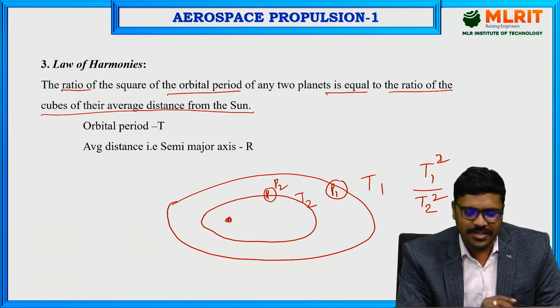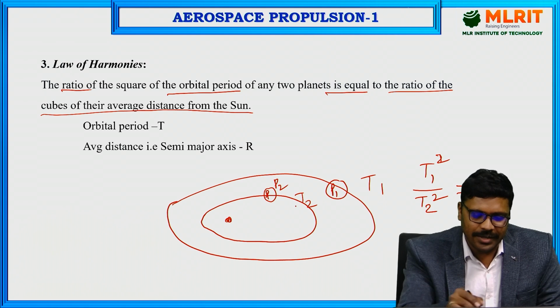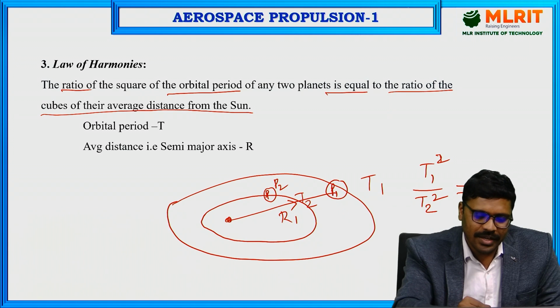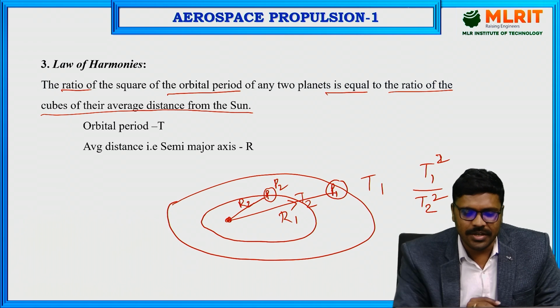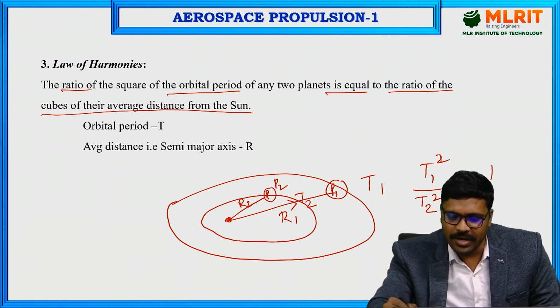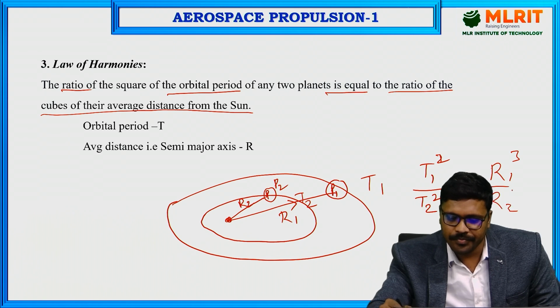So what is the average distance? If you consider the planet P1, this is the average distance, that is R1, and for the second planet, the average distance is R2. So the cubes of the ratios of the average distances is equal to R1 cube divided by R2 cube.